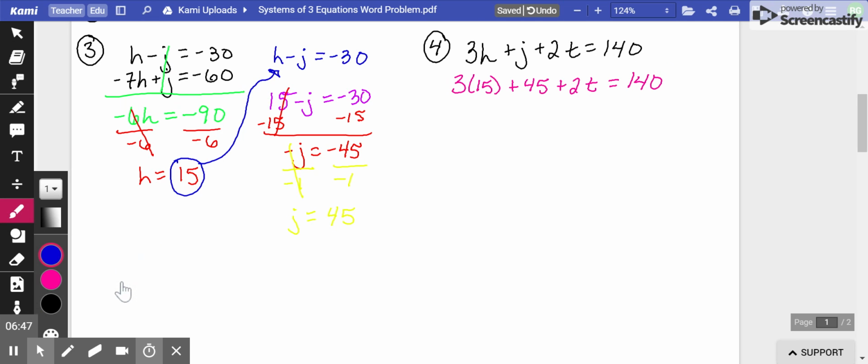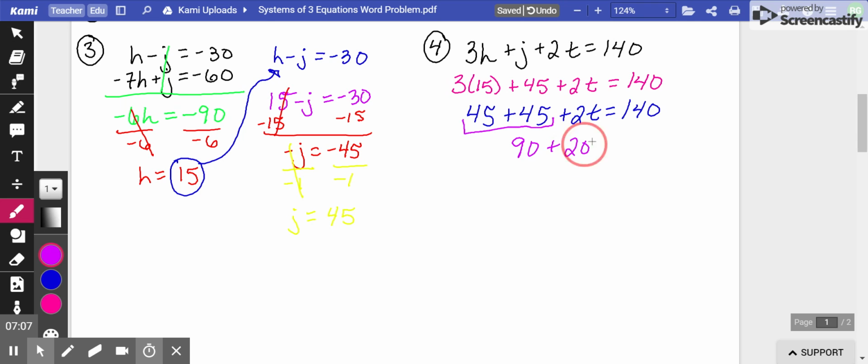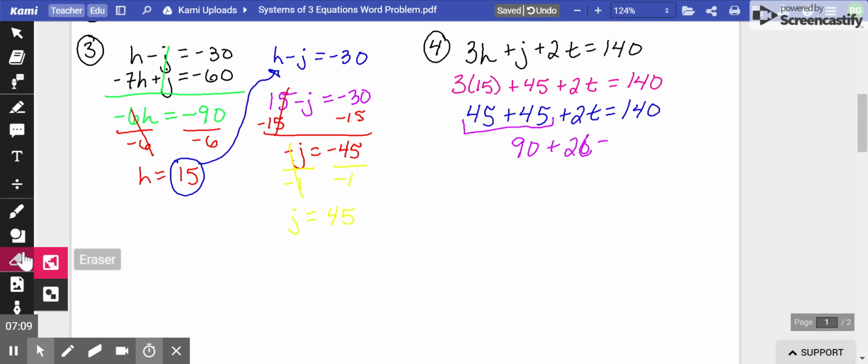In this step, you're going to solve for the remaining variable, which in this case is t. So 3 times 15 is 45, plus 45, plus 2t equals 140. Combine your like terms. 45 plus 45 is 90, plus 2t equals 140.